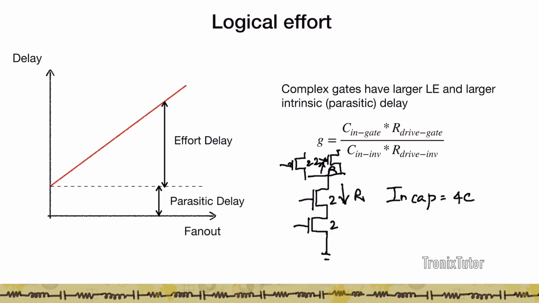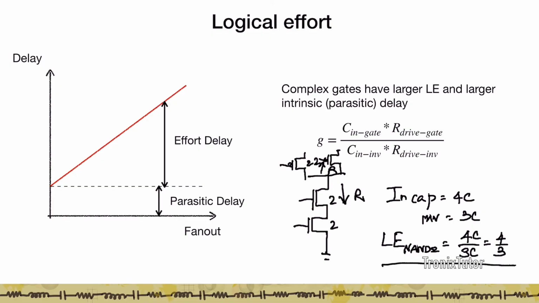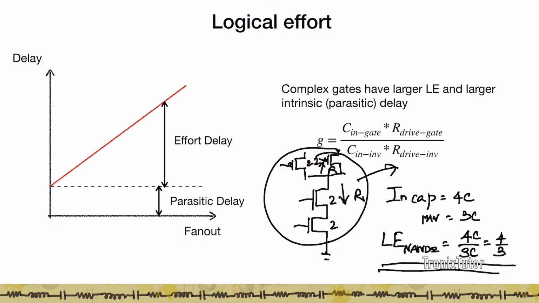I compare that to the input capacitance of an inverter, which is 3C, and so the logical effort of a NAND 2 gate is given by 4C by 3C, or 4 by 3, which is what we saw in the slope of the graph when we looked at delay versus fan out. And I could do this because I've designed this gate in such a way that its pull up and pull down are equal to that of the inverter.